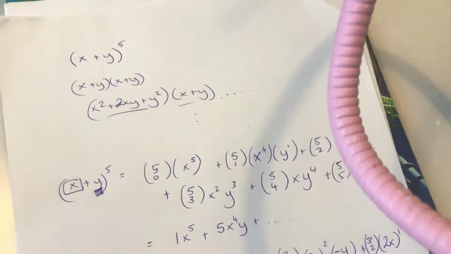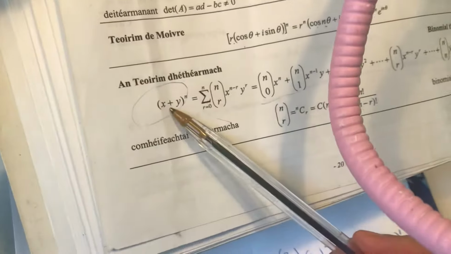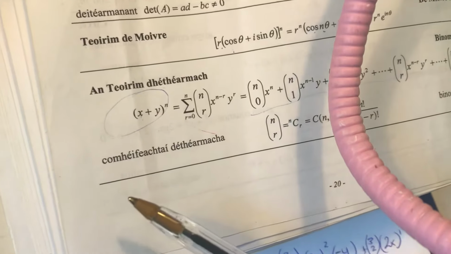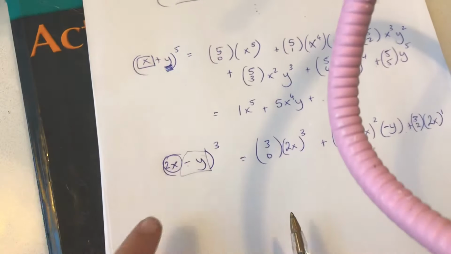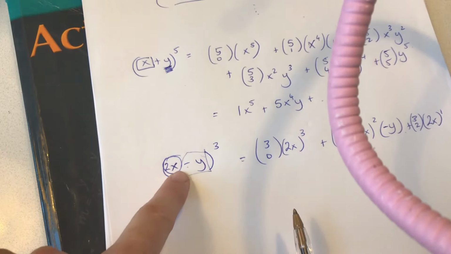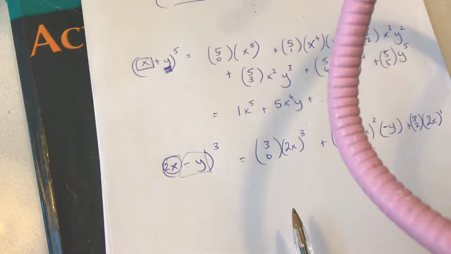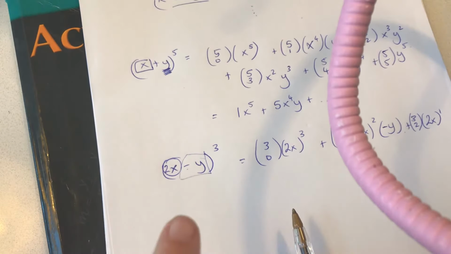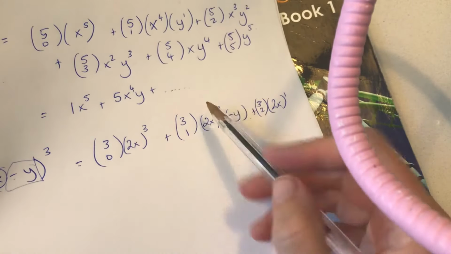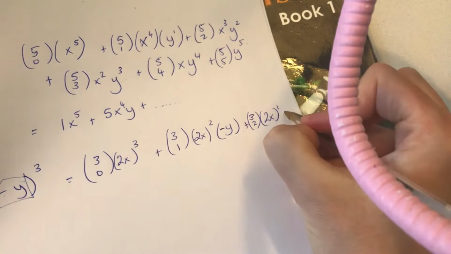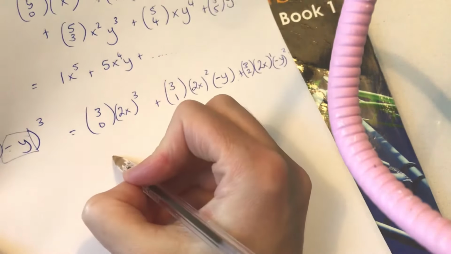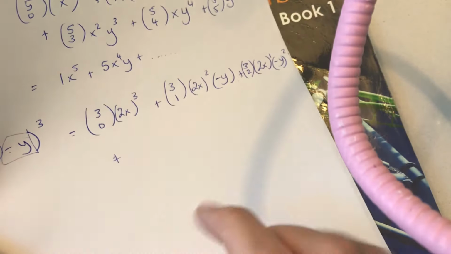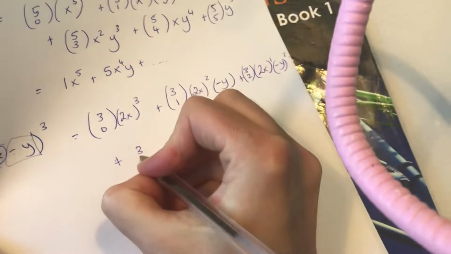Remember, the binomial expansion is x plus y, and mine is a 2x, technically plus a minus y. So 2x is the first thing and a minus y is the second. We have minus y to the power 0, minus y to the power 1, and minus y to the power 2. Then we keep going up as far as 3 choose 3.